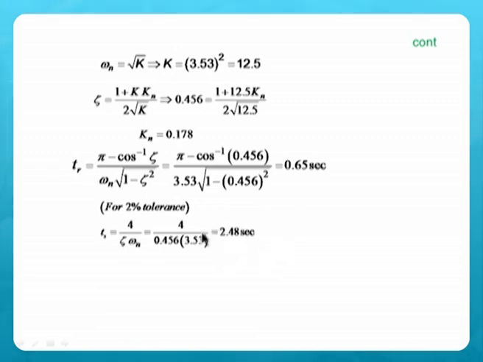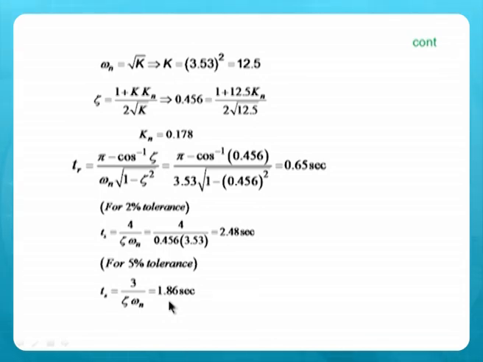This must be greater than the rise time. For cross-checking your answer, settling time should be the highest time for the response to settle, because transients and everything must die. It is also given here for 5% tolerance. As I said, you need to use this expression 3 by zeta omega n, and it is 1.86 seconds.